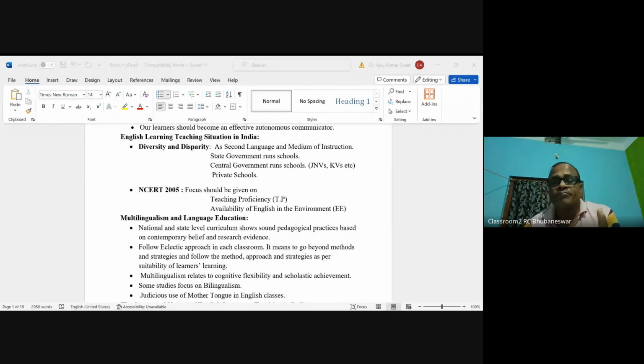Remember it. Our objective is not to fix on a specific method or approach to use inside the classroom. Our objective is to achieve the learning outcome of our learners.